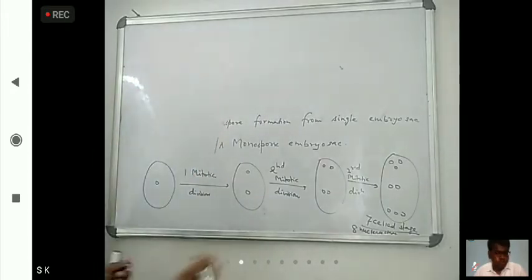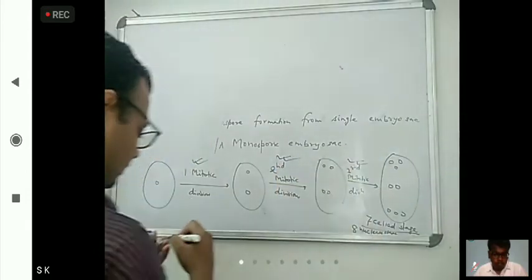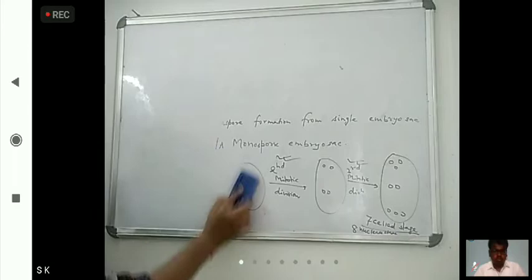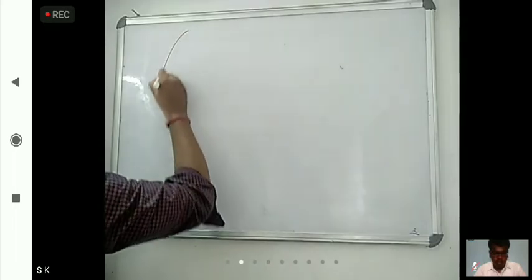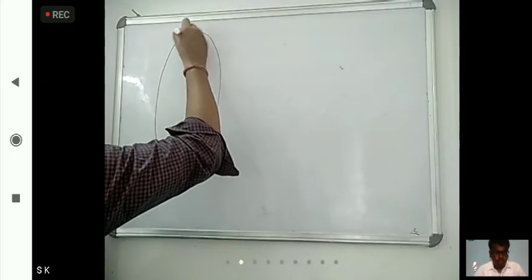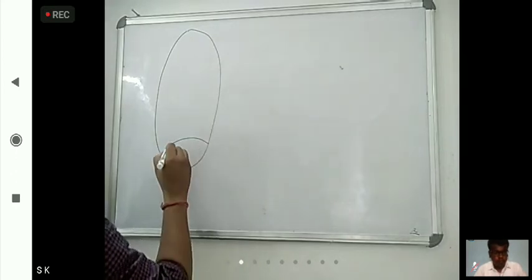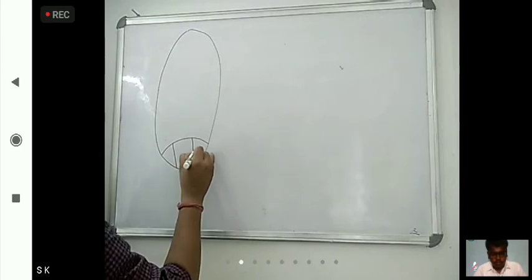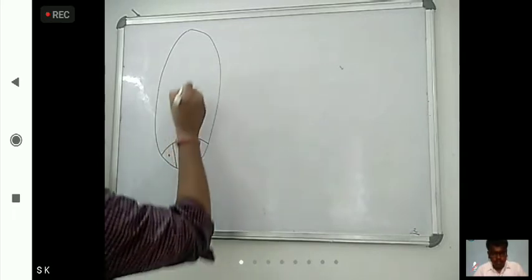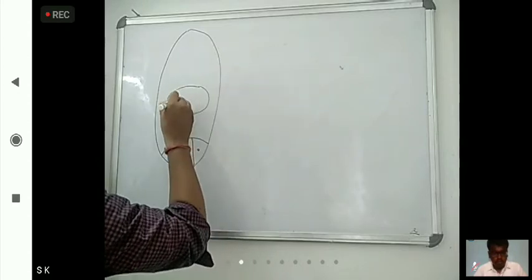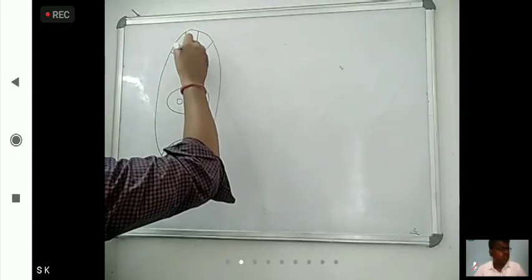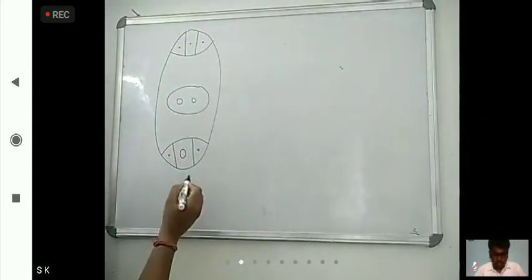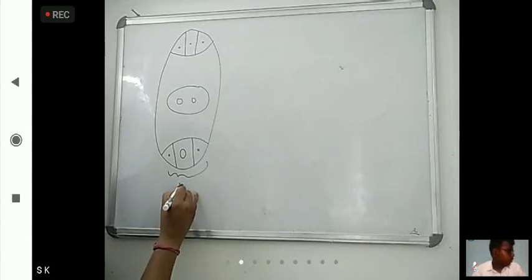So you have to remember this. How many mitotic divisions? 1, 2, and 3rd. 3 mitotic divisions are there. This is the micropylar end.